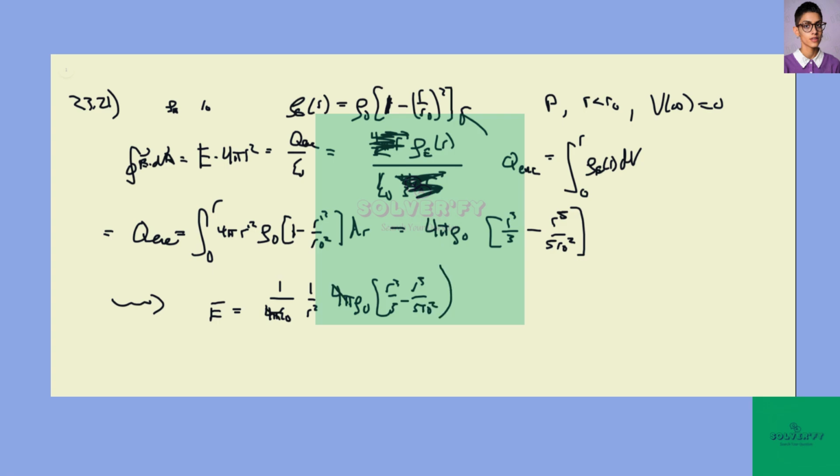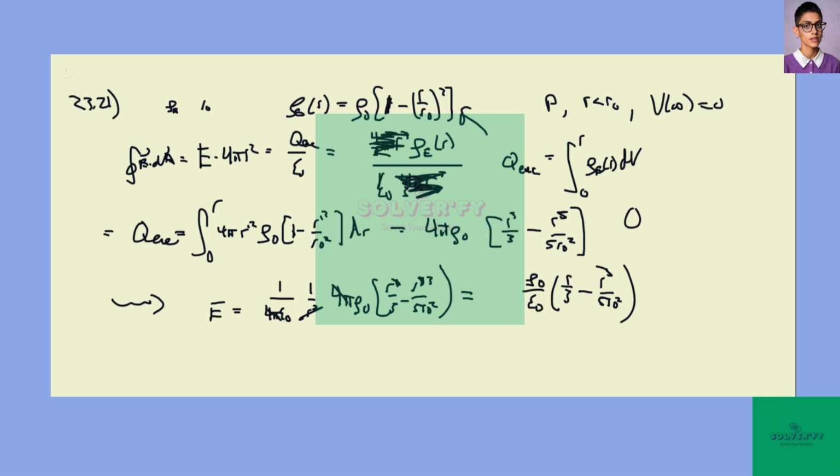So let's cancel out these 4 pi's, and some of these r's are going to cancel out, and we're left with the answer of our E field being rho naught over epsilon naught times (r over 3 minus r cubed over 5 r naught squared). Cool. So that's our E.